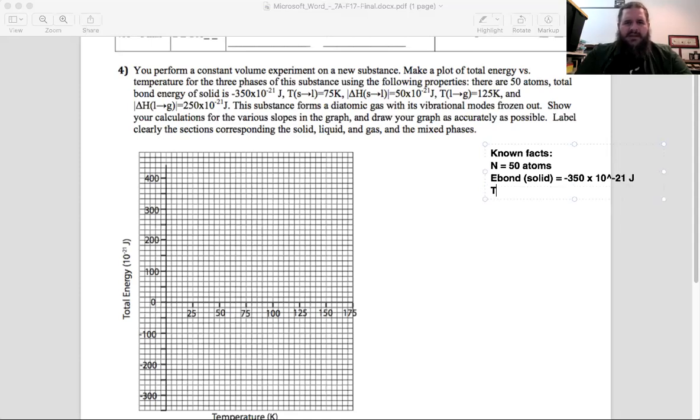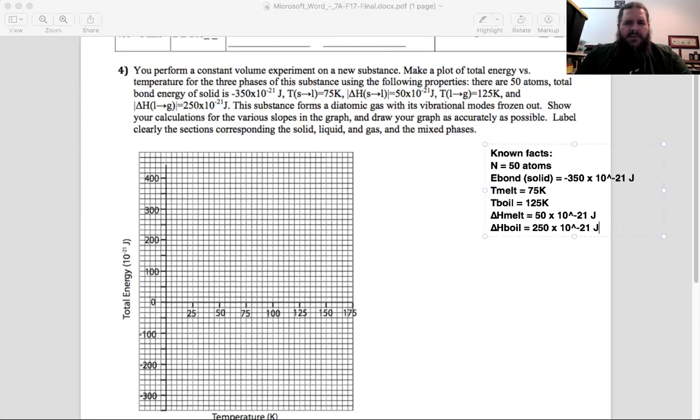We know the melting point is 75 Kelvin. We know the boiling point is 125 Kelvin. We know delta H melt is 50 times 10 to the negative 21 joules. We know delta H boil is 250 times 10 to the negative 21 joules.